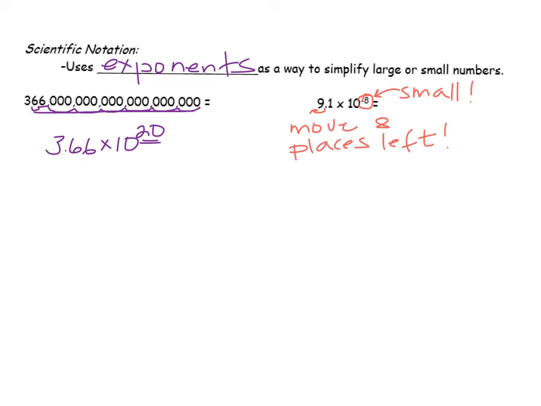That doesn't even count the 0 that's in front of the decimal. So now you have to add 1, 2, 3, 4, 5, 6, 7, then 9, then 1. So again, a negative exponent gives you a very small numerical value.